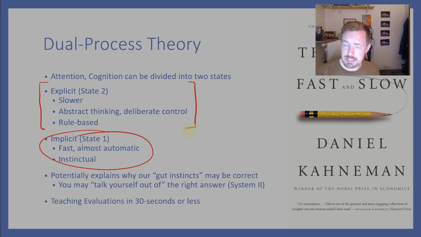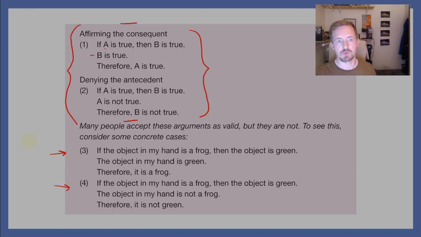For logic and reasoning, we have to use System 2. The reason why logic can be difficult is because System 1 kind of wants to just jump to conclusions, right?